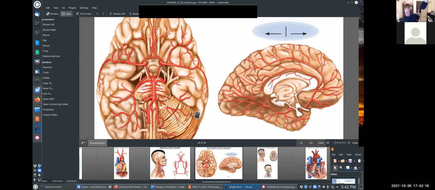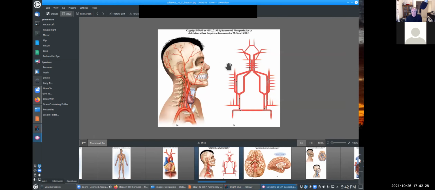Those are vertebral. You see where this artery comes off? The subclavian. Yes. So the vertebrals come off the subclavian and run as the vertebral artery. Okay, got it.